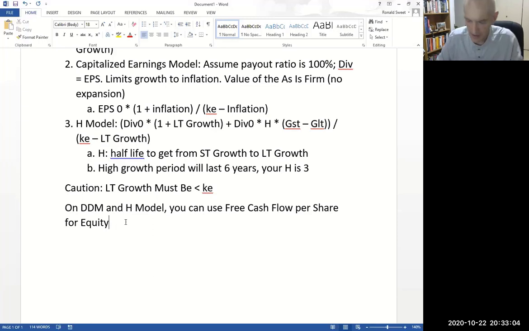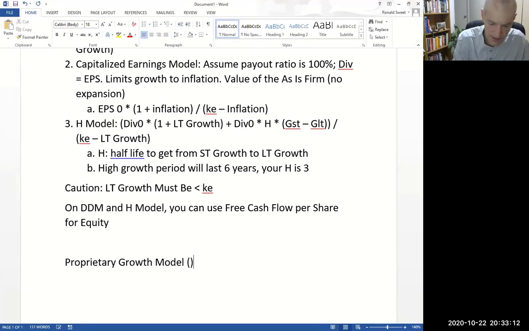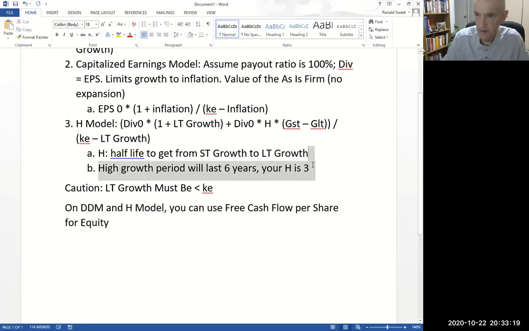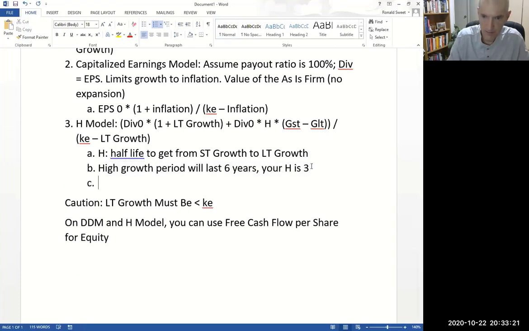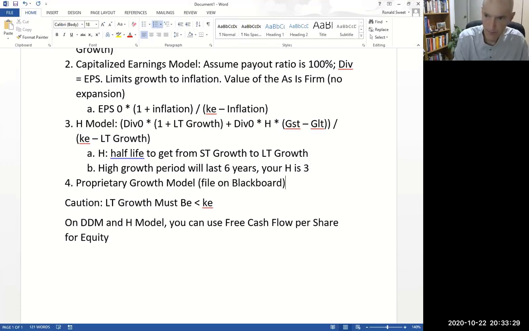All right, the only last one is a proprietary growth model. And this is a file. Let me put it up here with everything else. So this is a file on Blackboard. Let me go find it real quick.